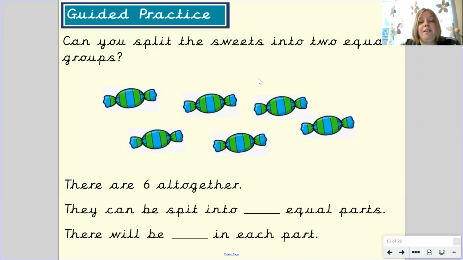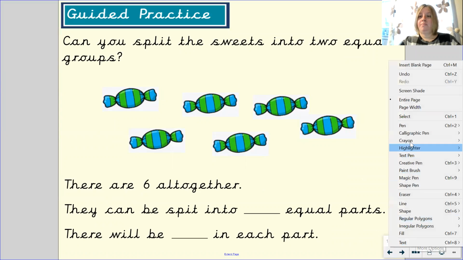I've got to split them into 2 equal groups. So I'm going to share them into 2 equal groups. So that's 2 groups that have the same number of sweets in each group.